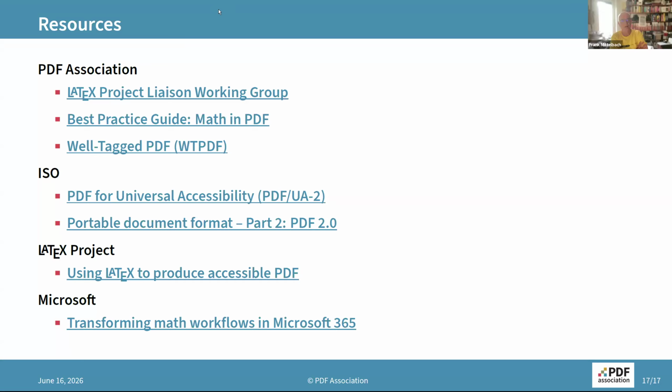And in case of LaTeX, if you have the PDF and it was produced with LaTeX and you have the LaTeX source, the goal of what we are currently doing in the LaTeX project is really to enable, also for old documents, the automatic generation of tagged PDF in UA2.